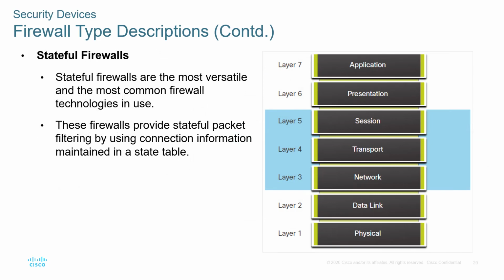So stateful adds in that fifth layer, the session, because the session is going to be dealing with the application stack. The session is going to be looking to see if your web browser on the internal network called out to a public network like Amazon or Google. And if so, that traffic is allowed back in because there was an established session.